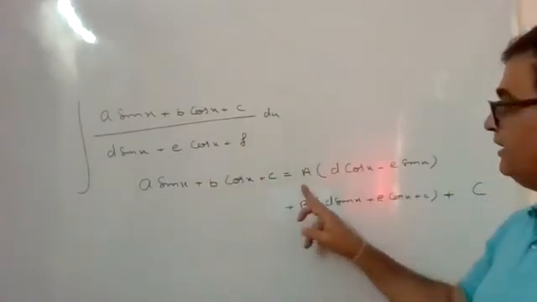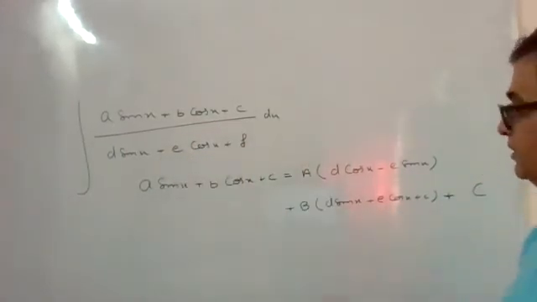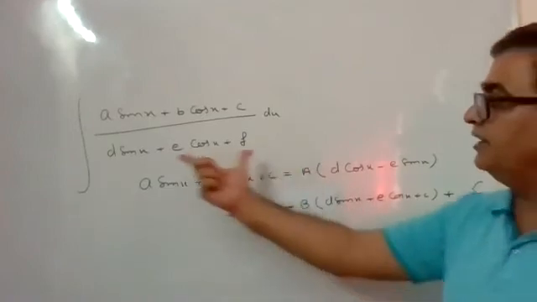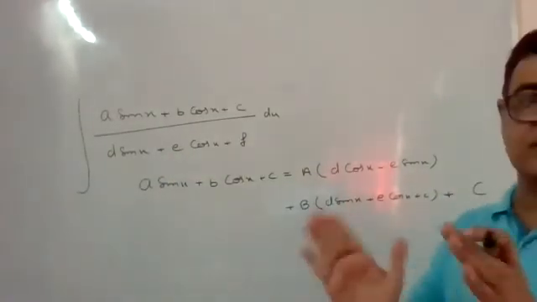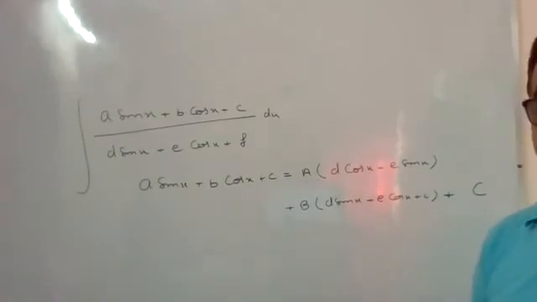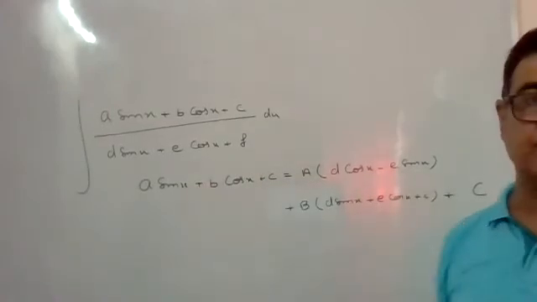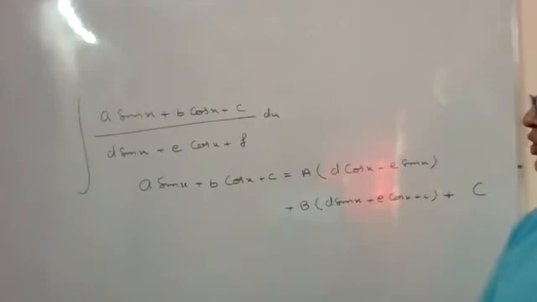This will be a times the derivative of this part plus b times the denominator plus c is the constant. So we have this type of result. Now we should integrate this.